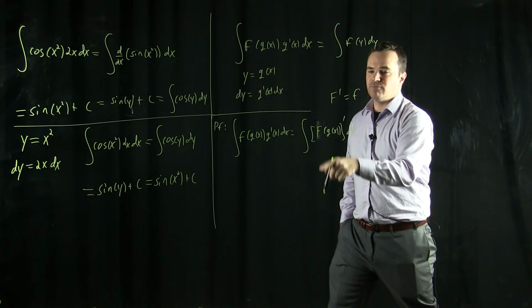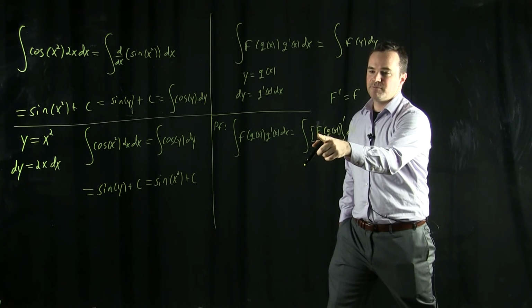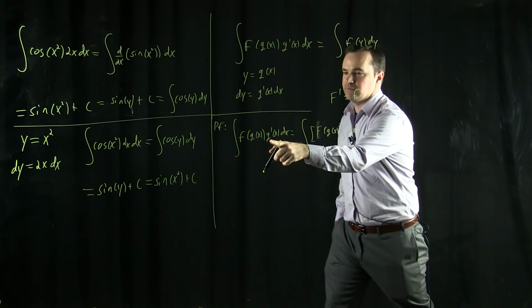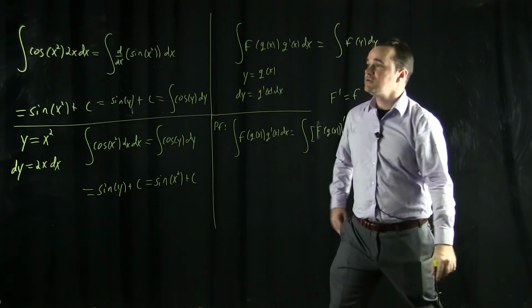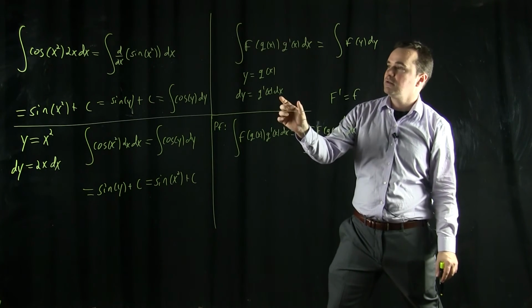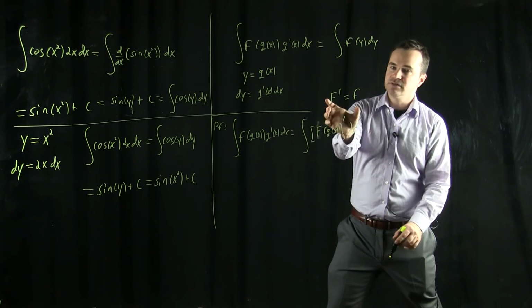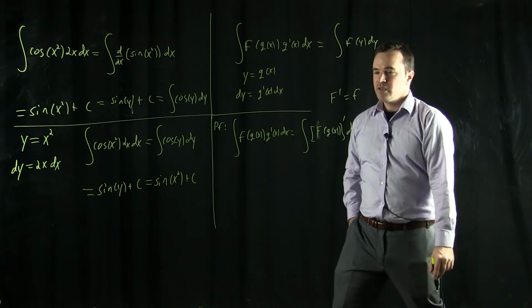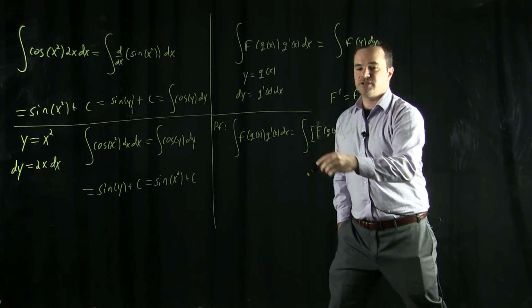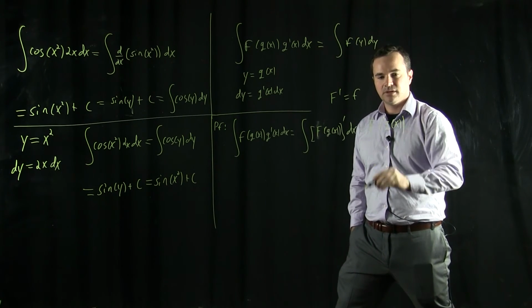And so now the chain rule would say that the derivative of this is f prime, plug in g, times g prime, where it's lowercase. And you saw that exactly happen over here in my example, because capital F was sine of x, and lowercase f was cosine of x. They're related because of that derivative. So that's fine. And now the answer is just going to be capital F of g of x.